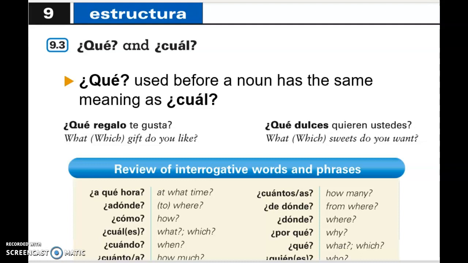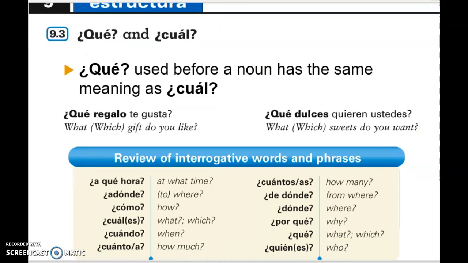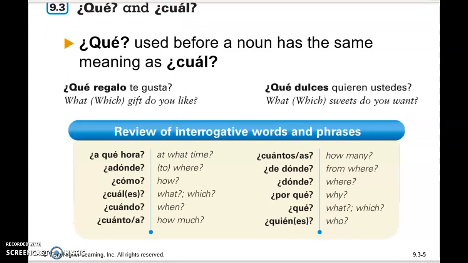Now let's move on and talk about some other question words that we can use besides qué and cuál. We also have a qué hora, a dónde, cómo, cuál or cuáles, cuándo, cuánto, cuánta, cuántos, cuántas, de dónde, dónde, por qué, quién, quiénes.